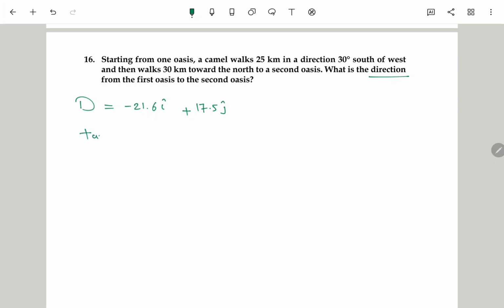Tan theta is equal to minus 17.5 divided by 21.6. In this case, theta is equal to minus 39 degrees or 39 degrees west of north. Degrees in here.